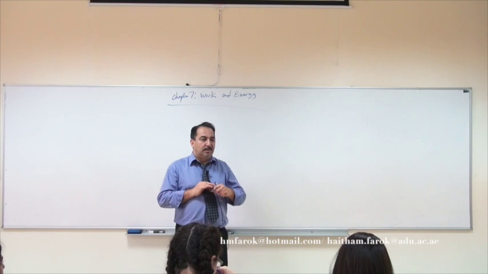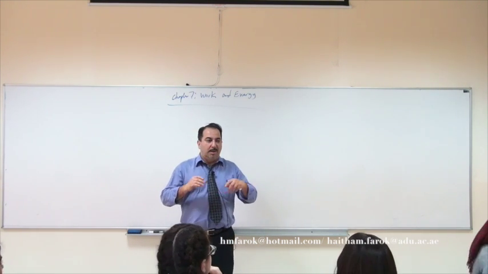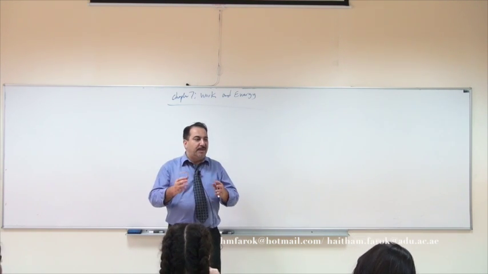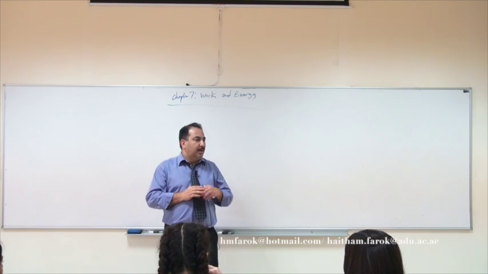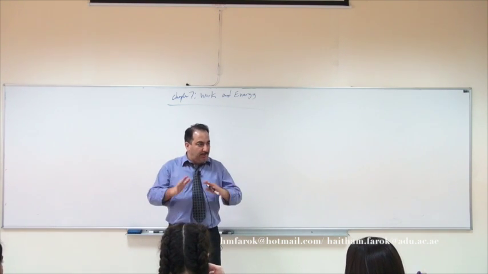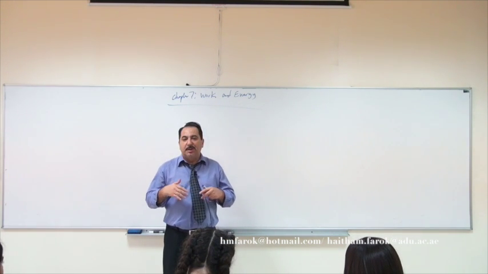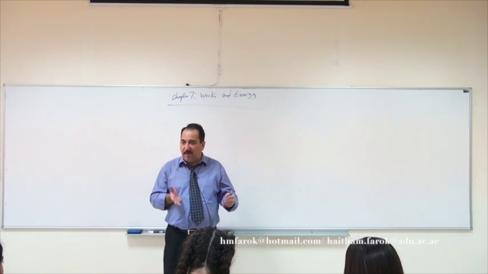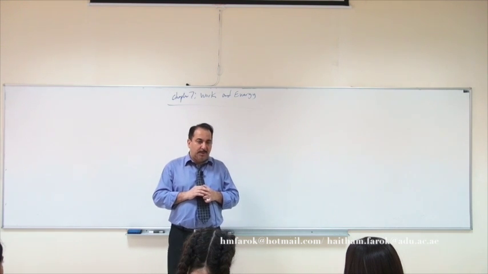Then after that, we looked at the cause of motion, and we talked about Newton's law, F net equals ma, Newton's second law, the cause of motion. Up to now, what we did is that we used forces. And remember, when you deal with forces, it's not that easy because they are vectors. You have to add them, find the directions to solve a problem.